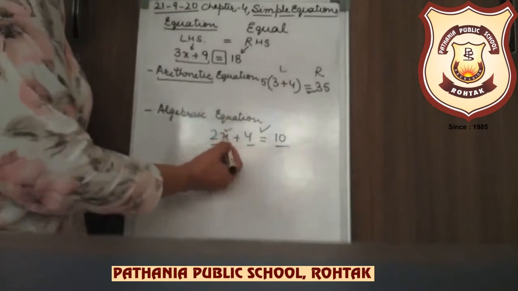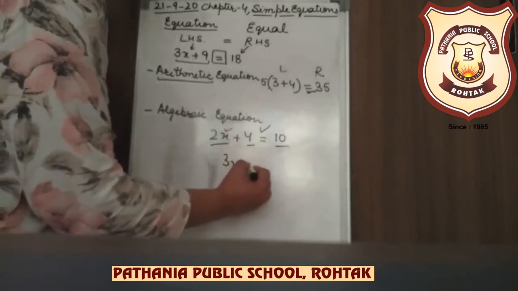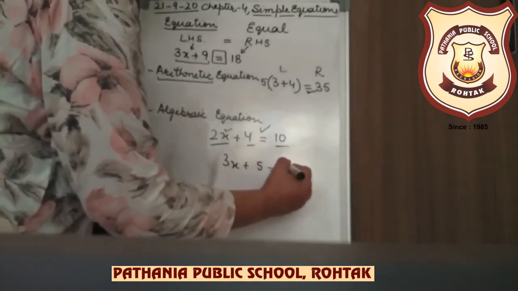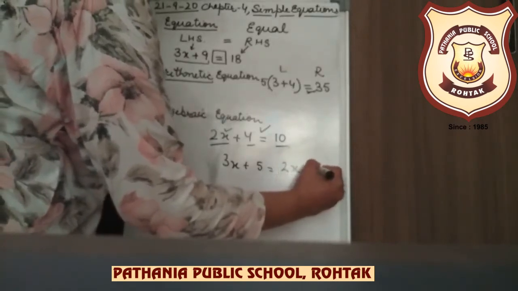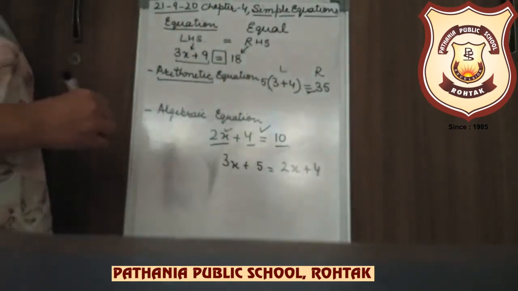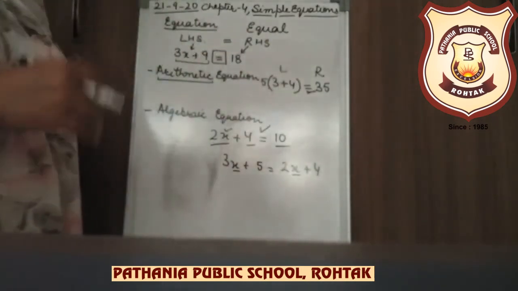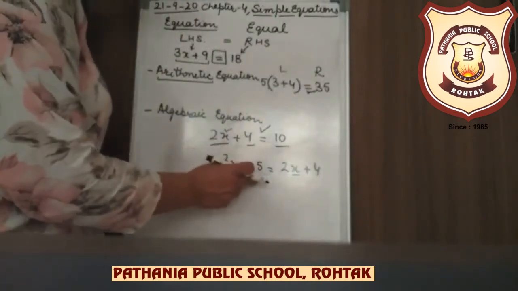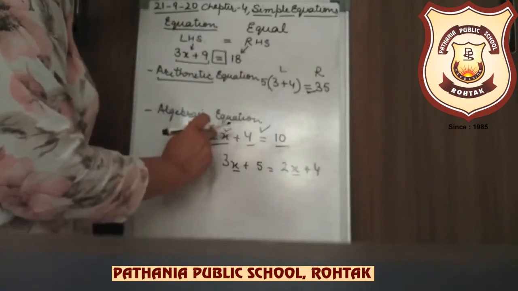If x is the variable here, I'll write another equation: 3x plus 5 is equal to 2x plus 4. Here the variable has to be the same. This is called an equation with one variable, because only one type of variable is involved.